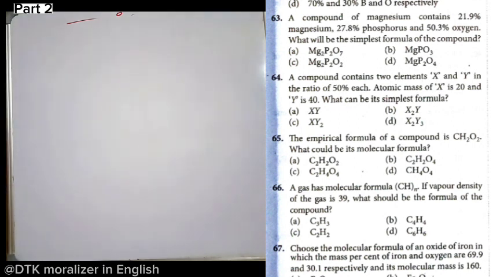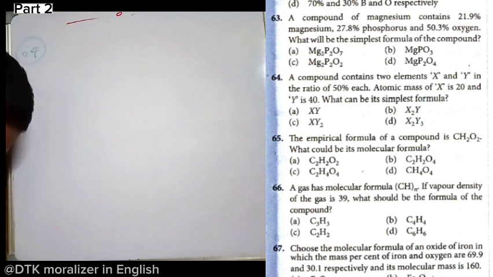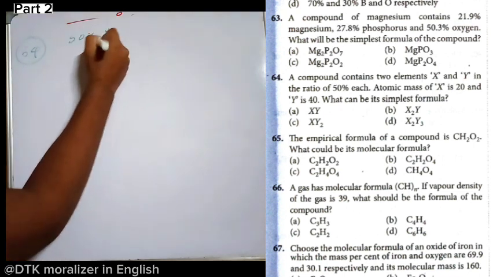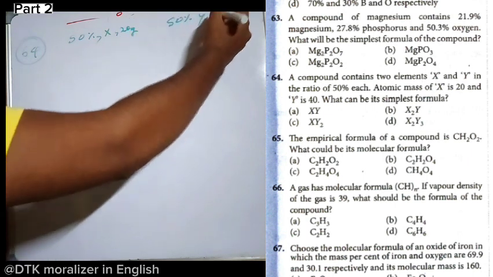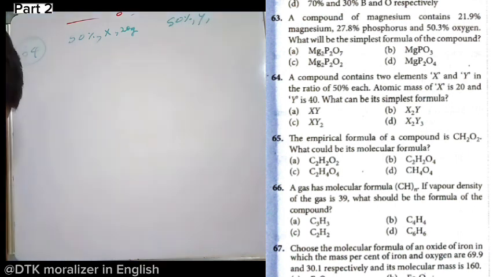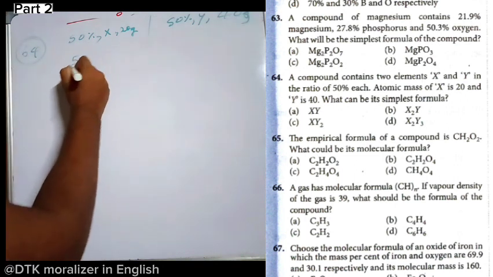Now as you can see here, question number 64. A compound contains two elements X and Y in the ratio of 50% each. Atomic mass of X is 20 and Y is 40. What can be its simplest formula? Here we have to solve this question as 50% X and 50% Y. Atomic weights are given.